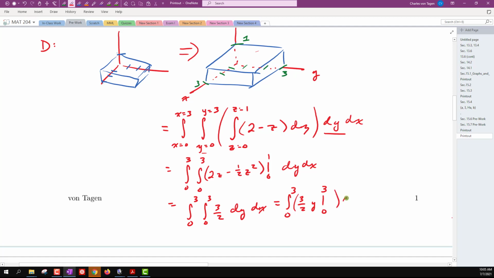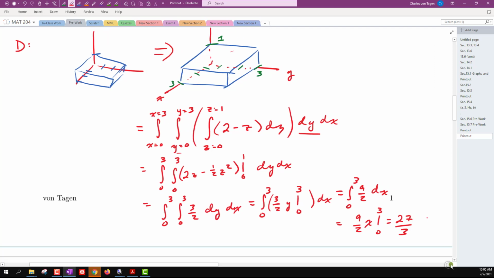And then all of that will be evaluated with respect to x. And then if we plug in the upper limits of integration and subtract the lower limits, we end up with 9 halves. So that's the integral from 0 to 3 of 9 halves dx, which gives us 9 halves x evaluated between 0 and 3. So we get a what? Well, we get the number 27/2.